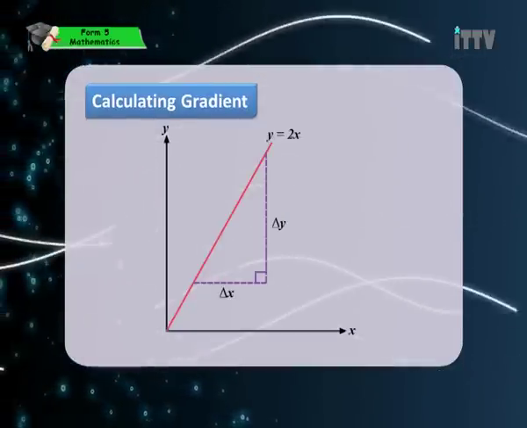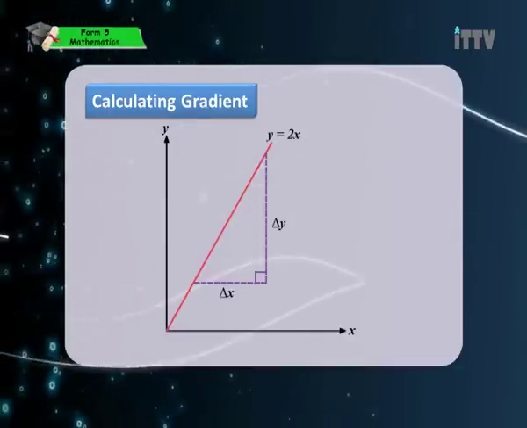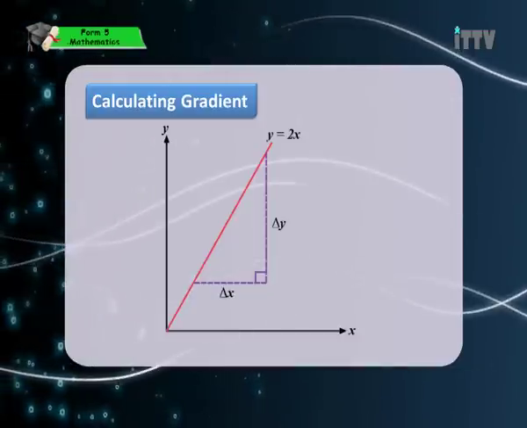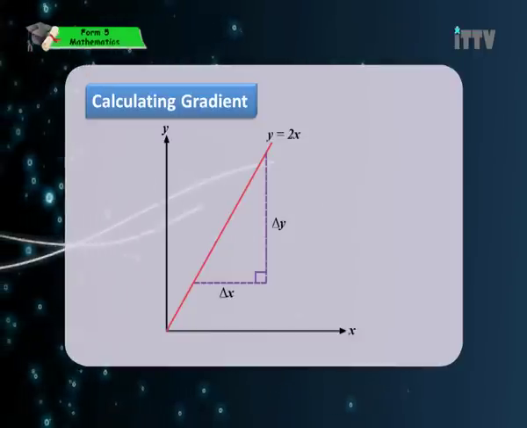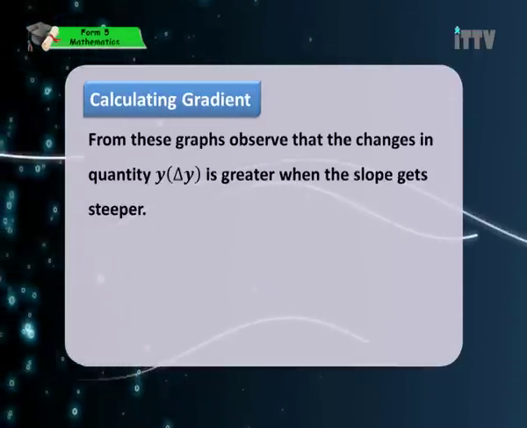Now, this is the graph with the highest gradient out of the three, y equals 2x, and same thing. Notice that the vertical distance is the highest compared with the two other graphs. And you must also determine the horizontal distance before you can calculate the gradient.